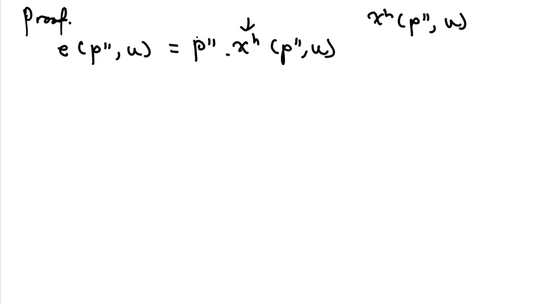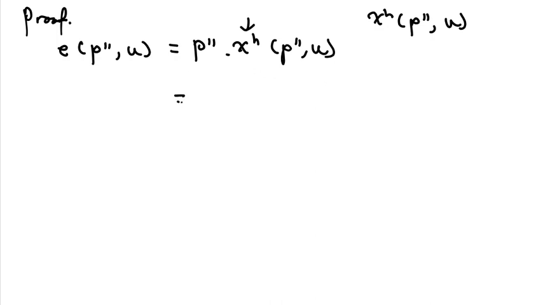And then this is the price. Price times Hicksian demand is the total cost of an individual consumer, isn't it? So it is the cost of the optimal and cheapest bundle, which is Hicksian demand, that we can get when price is at P double prime for a given utility. Now, like I said just now, because P double prime is a linear combination of P and also P prime, then what does it mean?